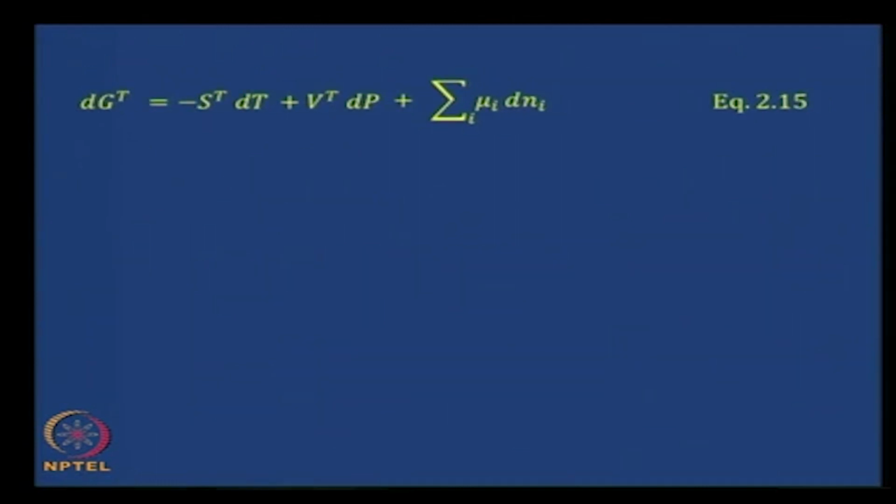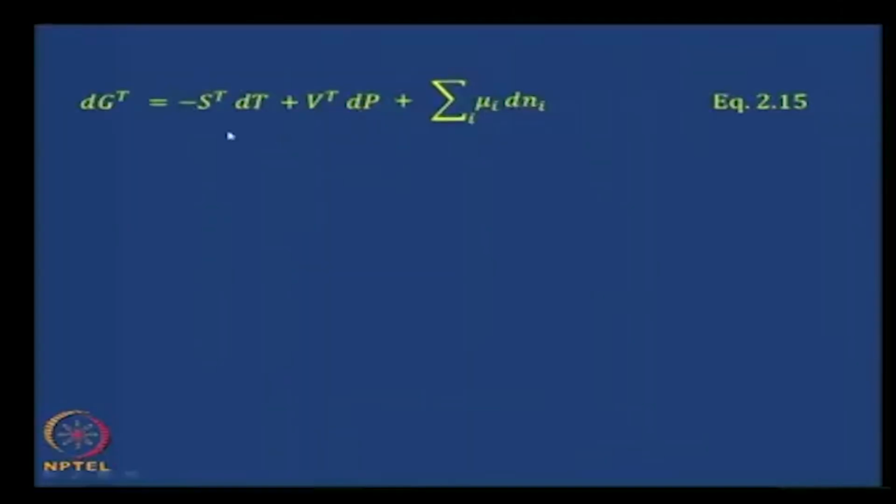Let us consider equation 215 again. Earlier, for all the 4 equations, for a closed system, we looked at just the first 2 terms for writing the reciprocity relationship. Now, let us look at the third term also. Note that this consists of a sum, so each term is different here.